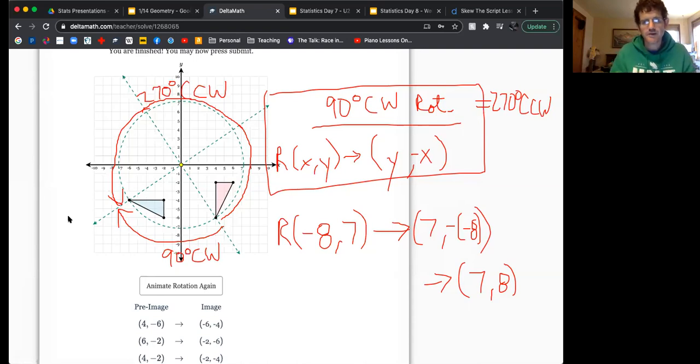But hopefully that point is making sense to you. And that should also click because if you go a full 360 degrees, you get back to where you started. Well, the 90 in one direction and 270 in the other, if I add those two up, 90 and 270 is 360 degrees. Okay, so this is 90-degree clockwise rotation. We'll summarize this at the end.